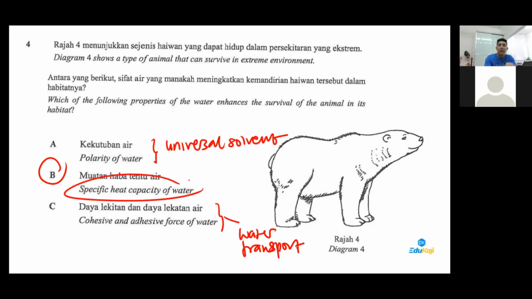Now, specific heat capacity means, guys, a lot of heat energy is needed to change the temperature. So polar bears, they are able to maintain a certain temperature quite easily.